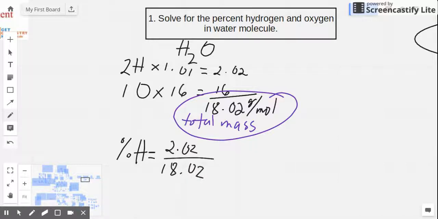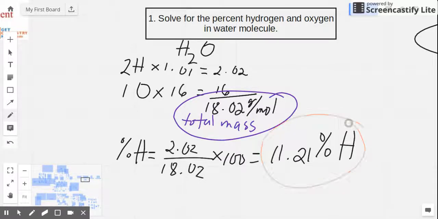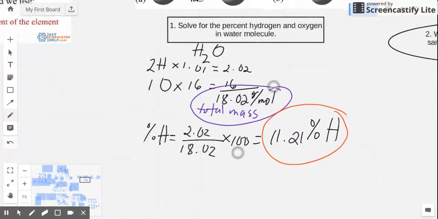I didn't put the units because the units will cancel out since we're dividing. Both have the units of grams per mole, so no need to put a unit. And then we multiply it by 100. Putting them in the calculator, you will get around 11.21% hydrogen. So this percentage tells us that hydrogen comprises 11.21% of the compound water.